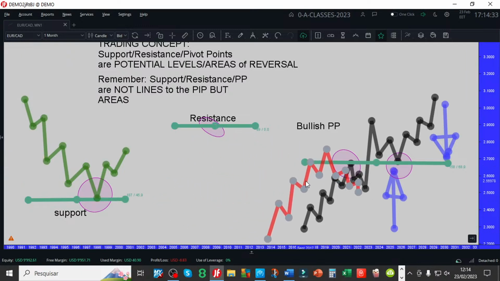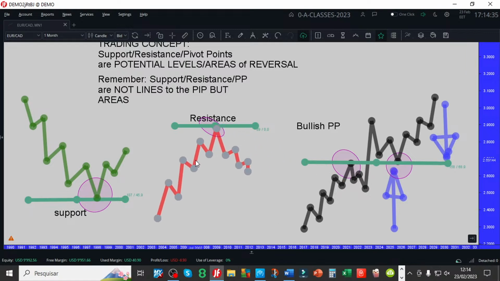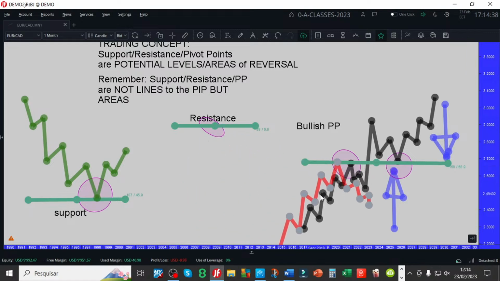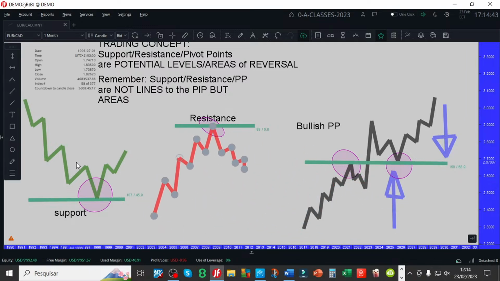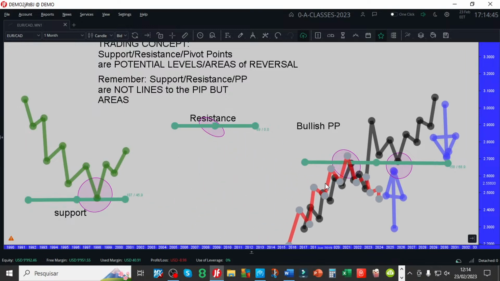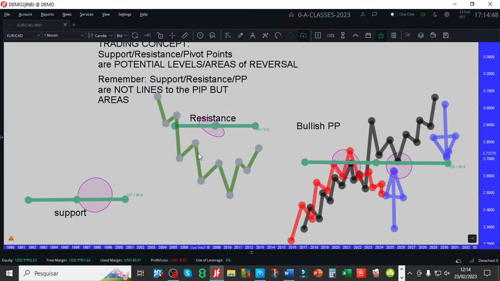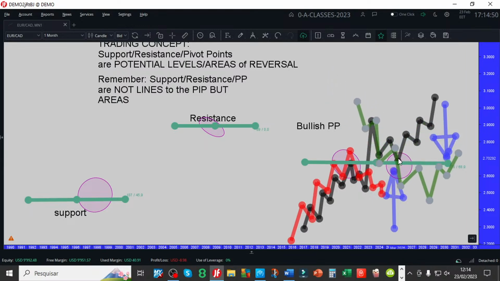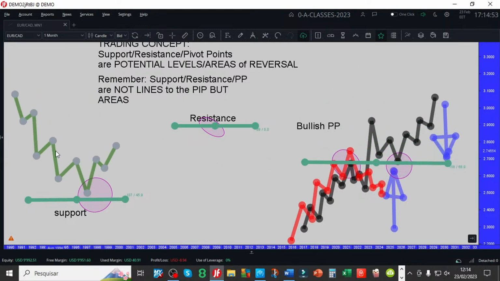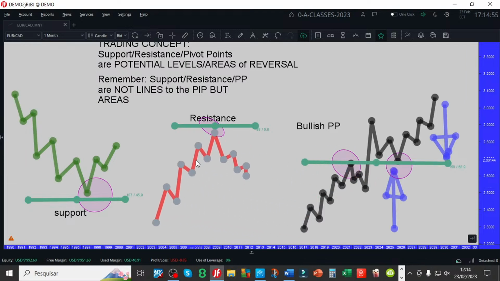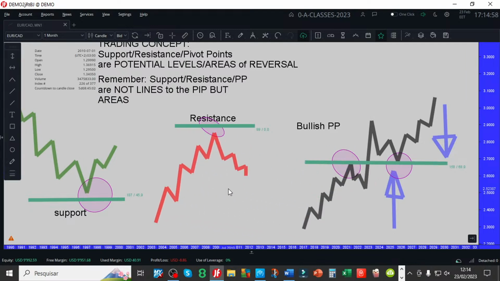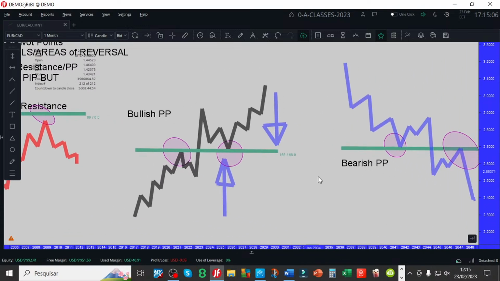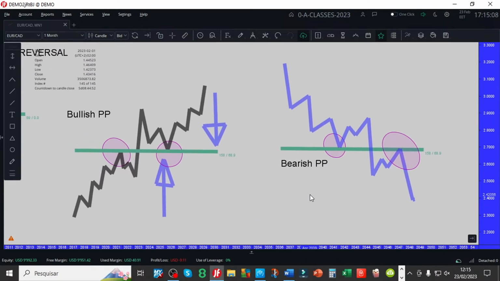See here, this is resistance, but resistance becomes, we don't know the future, right? So a pivot point is a combination of resistance, now it came on the other side, right? And support. Okay, everybody? Ernest okay, Clara done, very good. Now the bearish is the same, right? Bearish pivot point.